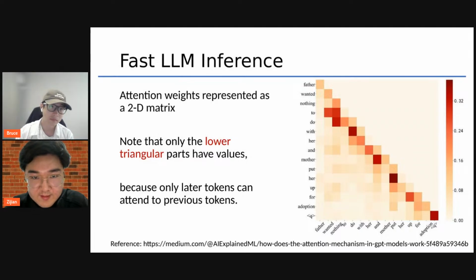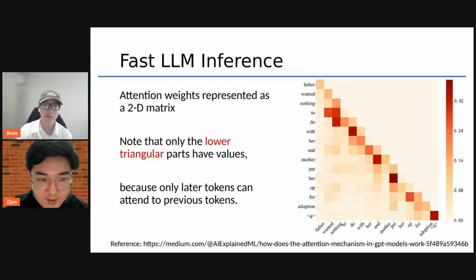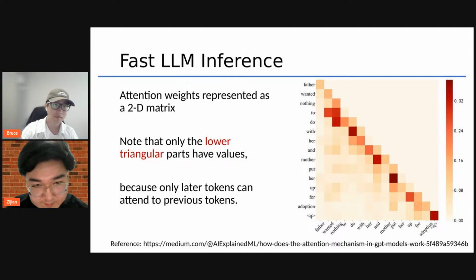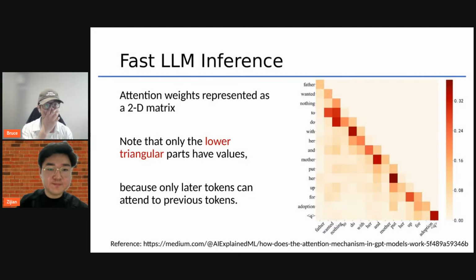For example, we have this matrix representing the interaction within the sentence, "A father wanted nothing to do with her," and so on. Each element in this matrix represents the interaction between two tokens. For example, the top left element represents the interaction between father and father, and the second element represents wanted and father, and so on.